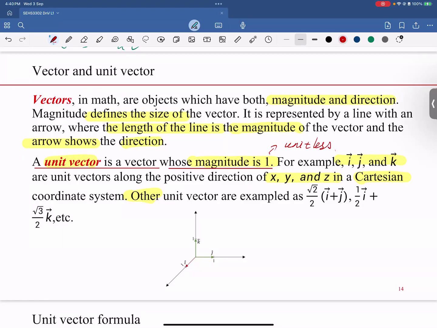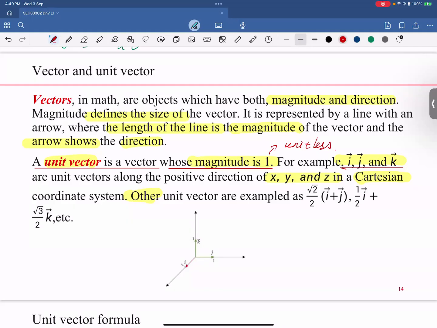And when we see a unit vector, we just see the magnitude is 1. Okay, 1 what depends on the situation we discuss.